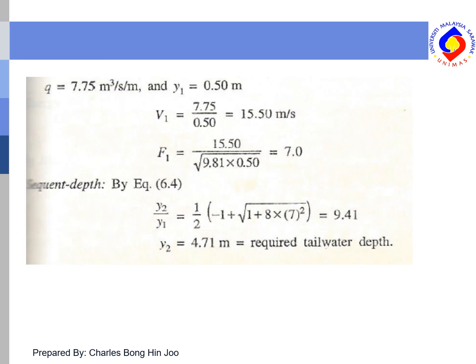If we substitute in the value, it will give you 9.41. So to find the sequent depth y2, it will be equal to 9.41 multiplied by y1, which is 0.5, which will get you the sequent depth of 4.71 meter, which is the required tailwater depth.